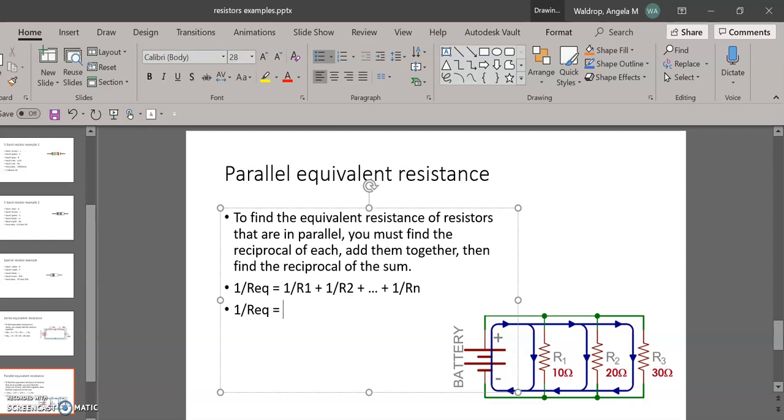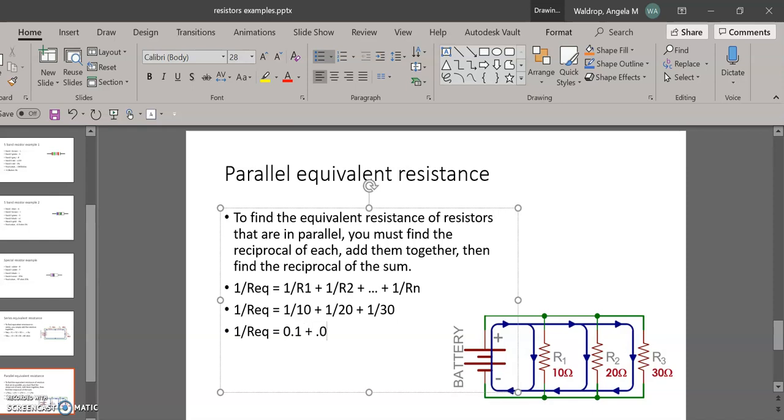So what I'm going to do is I'm going to go ahead and type it out. That way we can figure this out. 1 over 10 plus, sorry about that, 1 over 20 plus 1 over 30. Okay. So next, I'm going to convert those to decimals. So 1 over 10, that's pretty easy. That's 0.1. 1 over 20, that's also pretty easy.